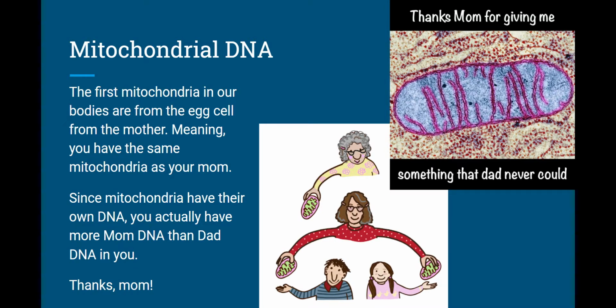And your very first mitochondria came from your mom, because when an egg and a sperm fuse, the sperm is basically just DNA and the egg has all the organelles. So that means all your mitochondria came from your mom. You have the exact same mitochondria as your mother, who has the exact same mitochondria as her mother. And since mitochondria have their own DNA, this means you actually have more DNA in your body from your mom than from your dad. So you're a little bit more your mom than your dad. Pretty cool.